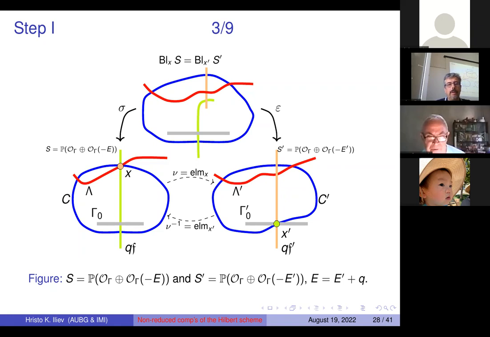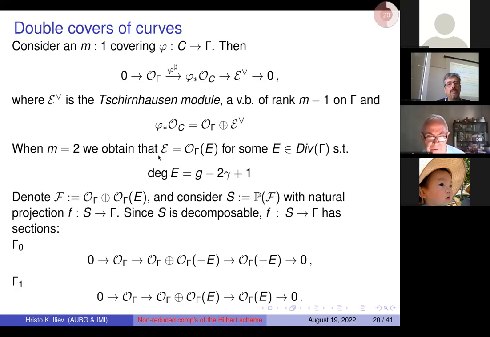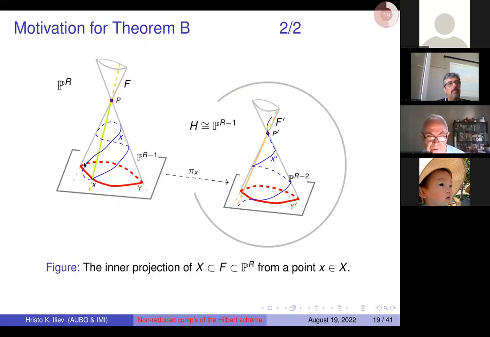And further on, what is our curve X? So our curve X that I considered in the beginning, if you recall, the curve that is here in blue. And here is the curve X prime that I got by its projection on the cone F prime.